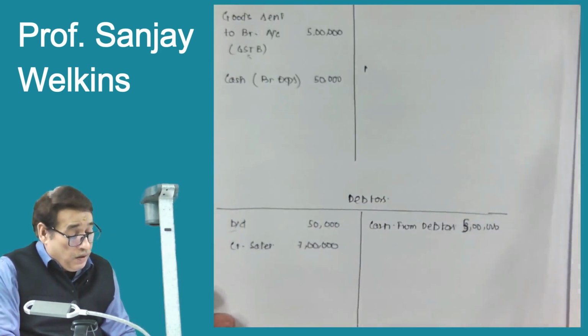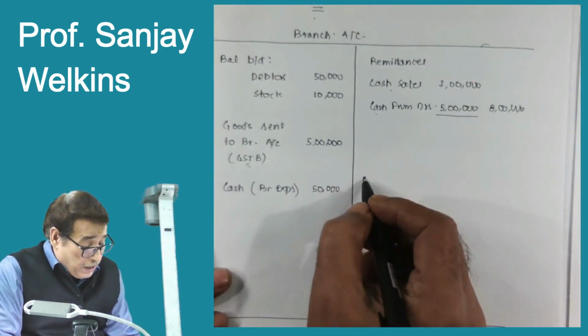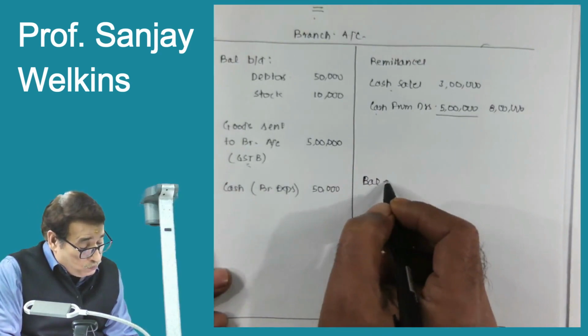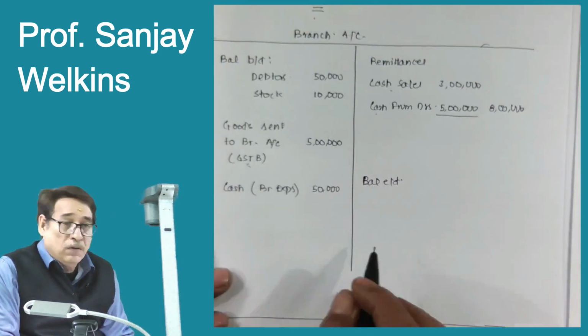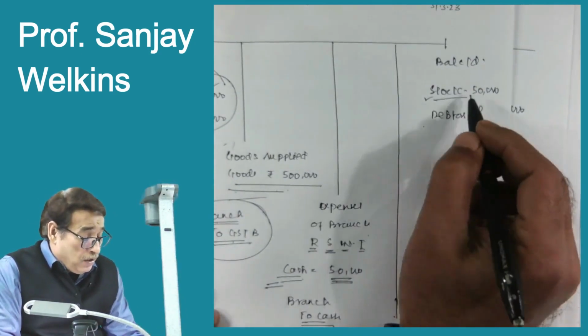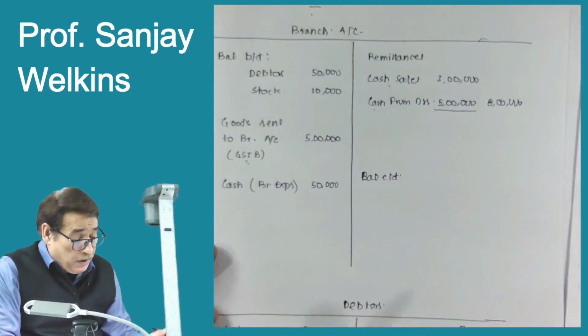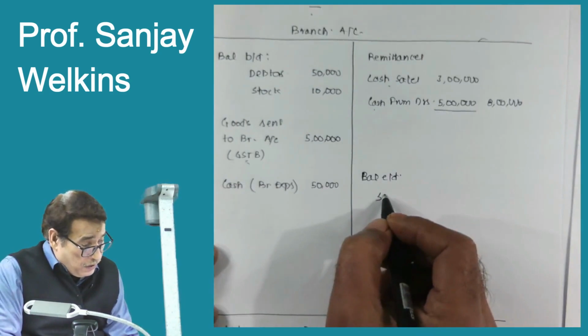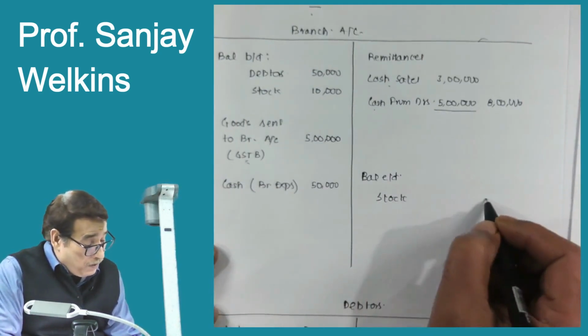Now, we will write here balance carried down. Now I gave you that at the end of the year there is a balance in stock and debtors. Balance of stock is given to you as 50,000.